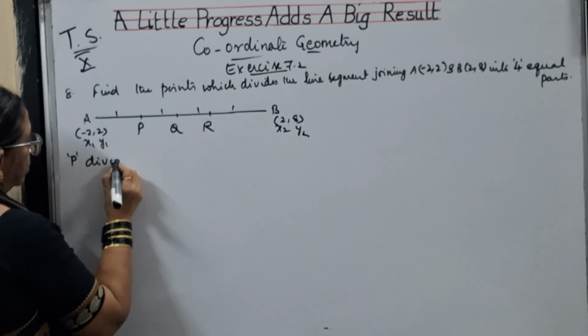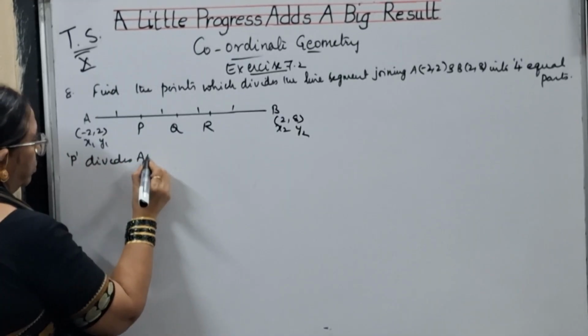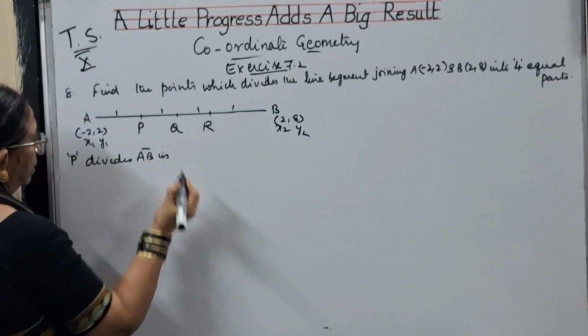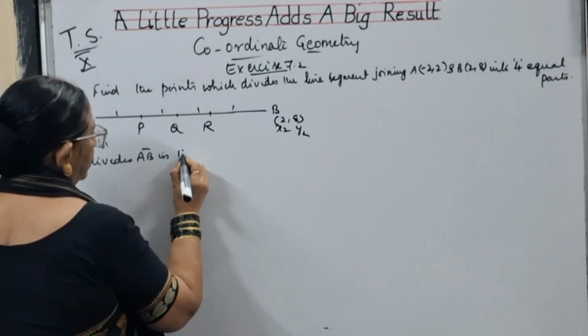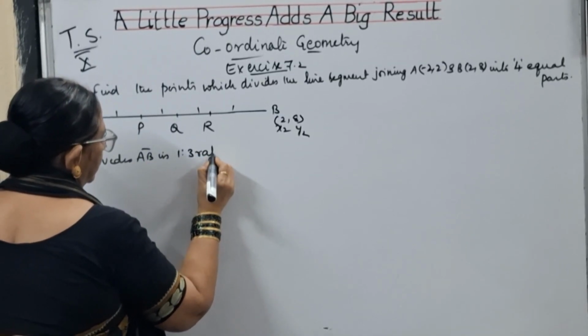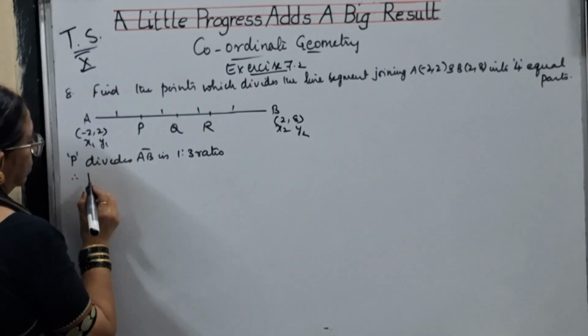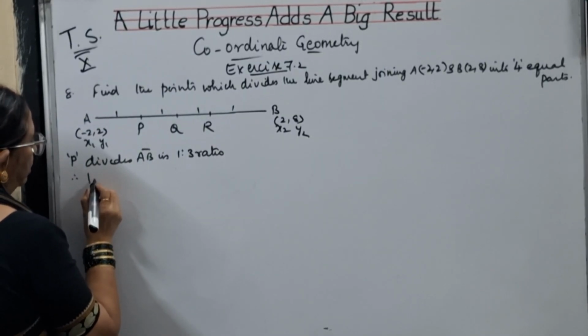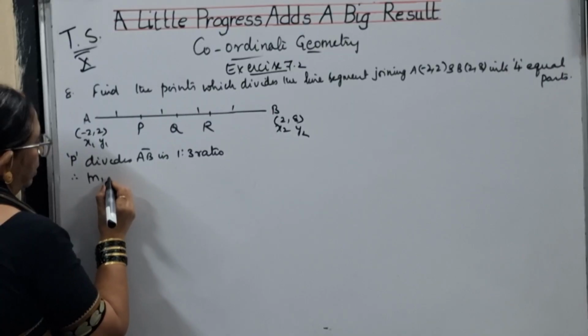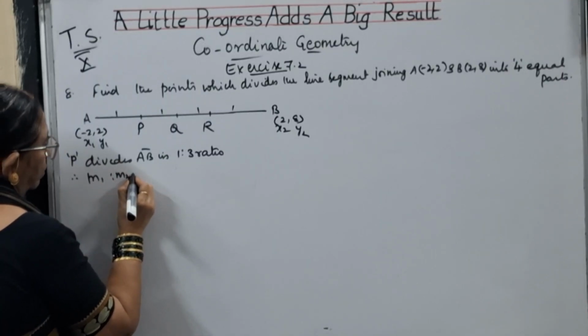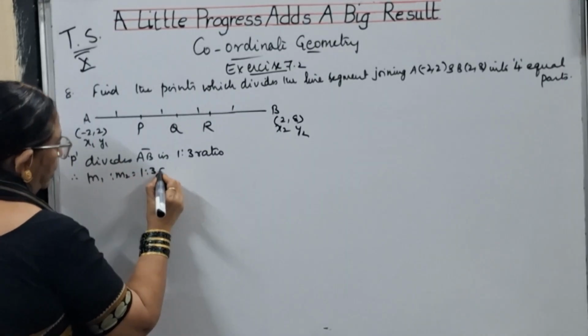So what can you say? P divides line segment AB in 1:3 ratio. Therefore, m1 is to m2 is equal to 1:3.